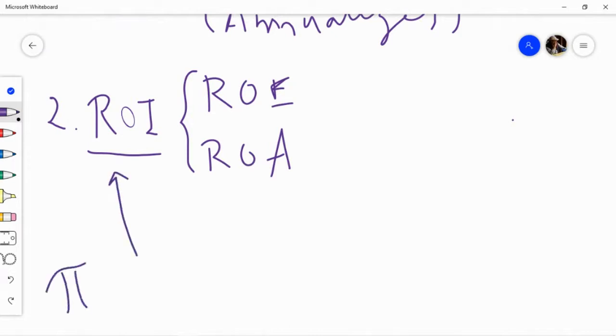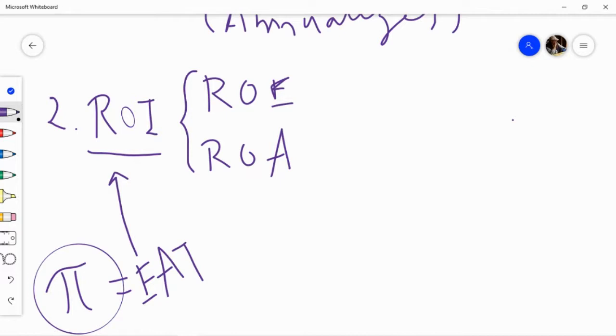the biggest factor that determines the return is the profit, the net profit, right? Net profit, which is also called EAT, right? The biggest factor that constitutes return on investment is the profit. Well, the bigger the profit, the higher the return.